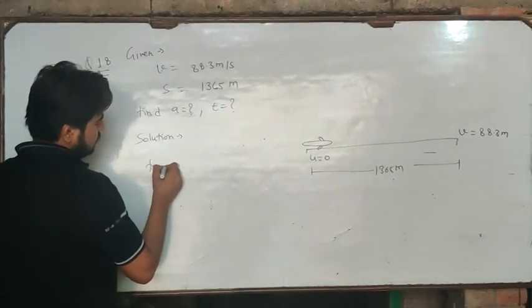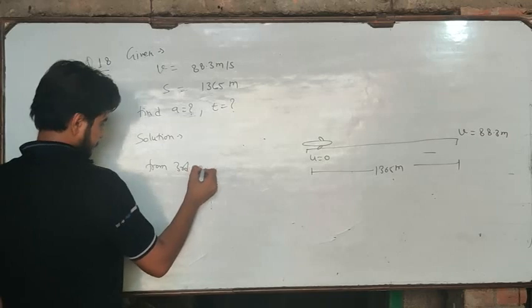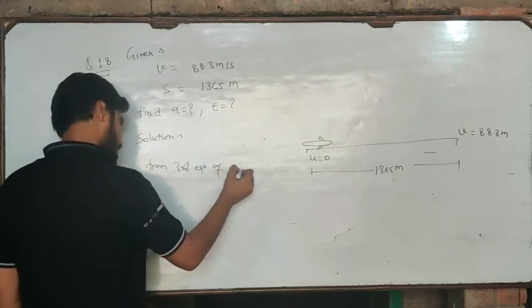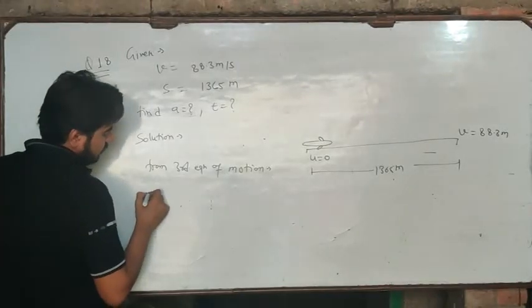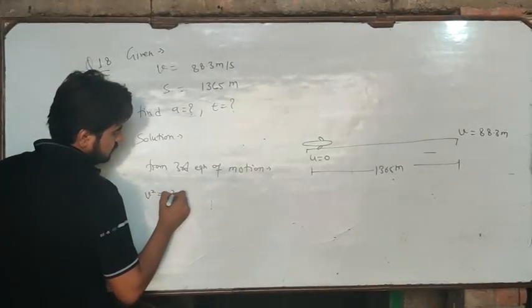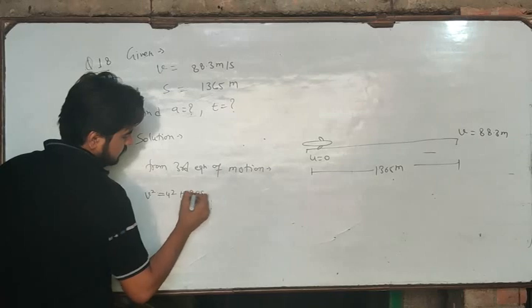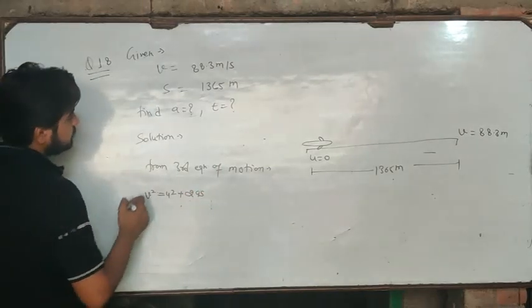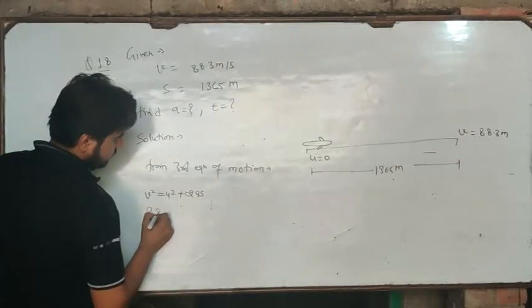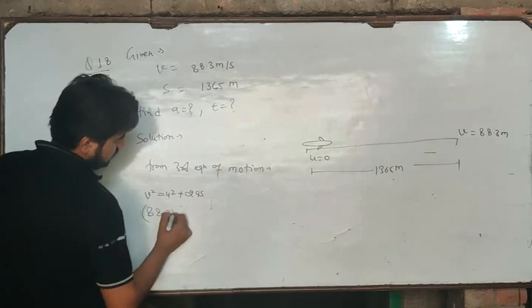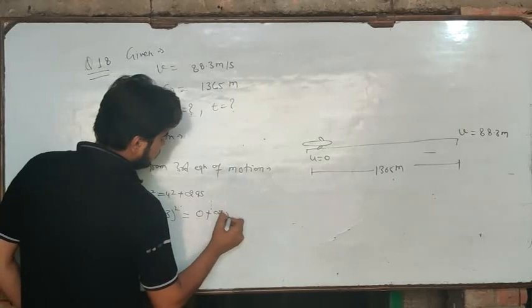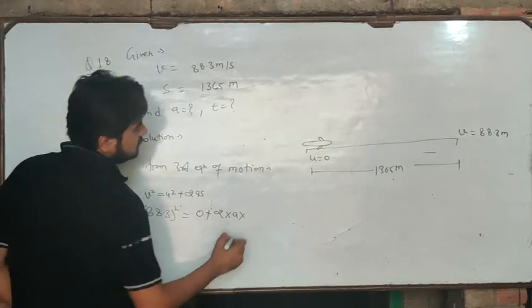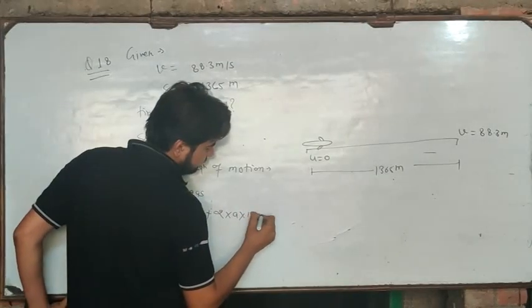From the third equation of motion, v square is equal to u square plus 2as. 88.3 whole square is equal to 0 plus 2a into s, 1365.